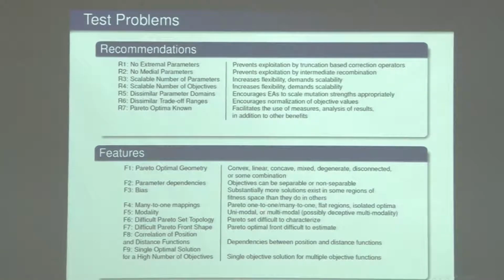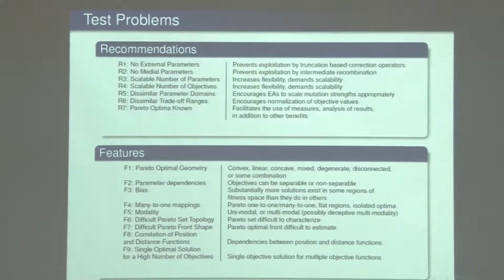Many-to-one mappings. Pareto one-to-one, many-to-one, flat regions, isolated optima. All this is important because each of these conditions is testing the ability of the algorithm to do a certain type of exploration. Modality, unimodal or multimodal, and this includes possibly deceptive multimodality.